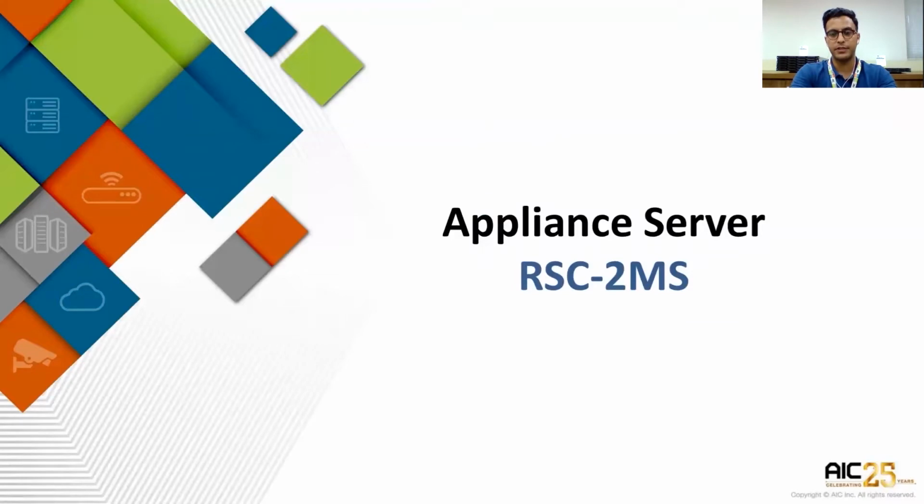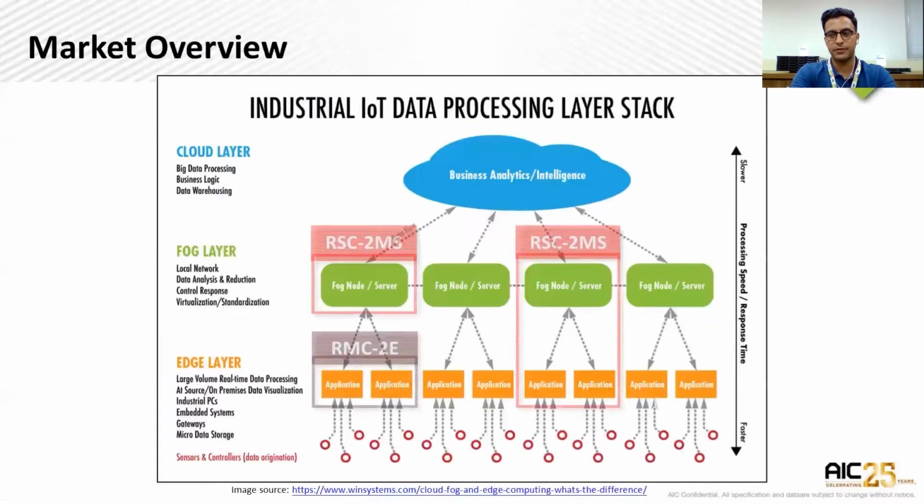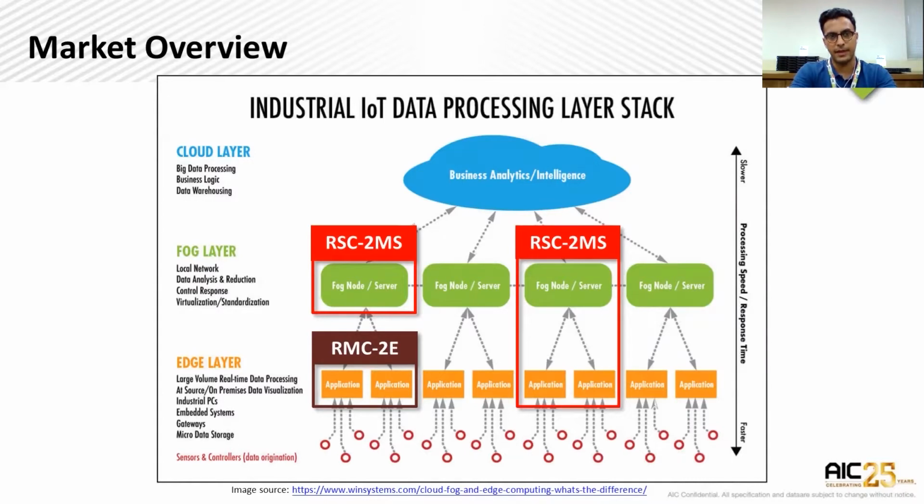Before we introduce RSC2MS, I would like to start with a brief overview on application definition of edge and fog. Edge is defined as the level of direct connection with the end devices, for example, wearable devices, IoT devices, or devices of factory automation for real-time data processing. In order to be set close to end-user devices, edge computing data centers are usually space-sensitive and compact.